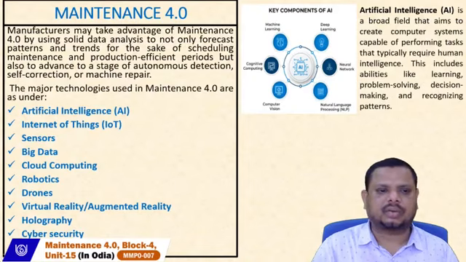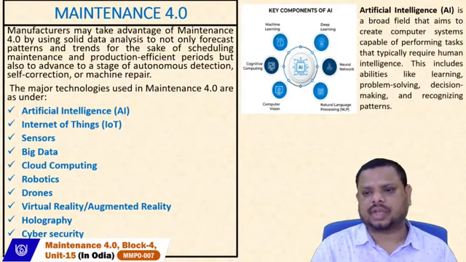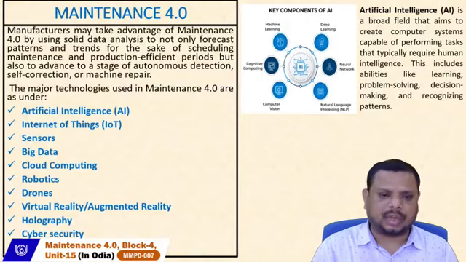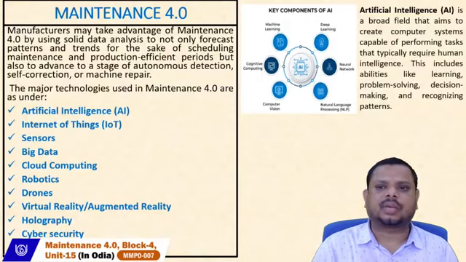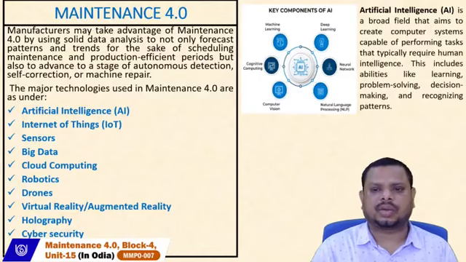So let's understand one advanced technology, which has a great impact on our day-to-day life and in industries, that is artificial intelligence. The aim of artificial intelligence is to create computer systems capable of performing tasks that typically require human intelligence. So what is human intelligence?